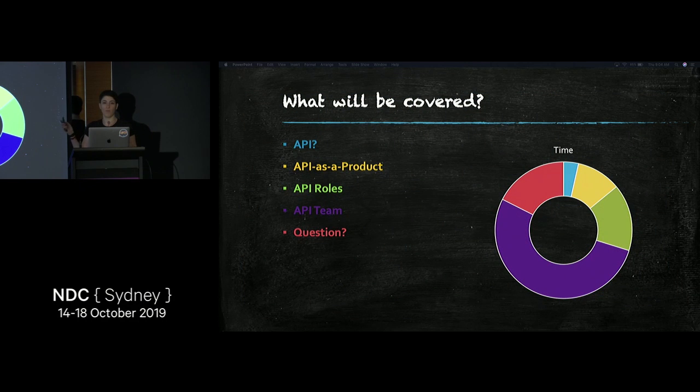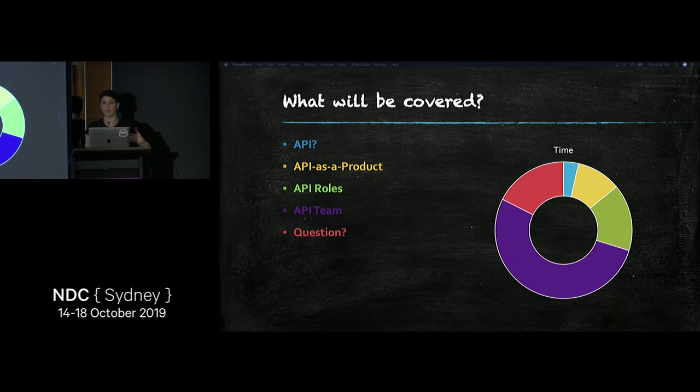So here I made a pie chart to show what we're going to cover, because I have a lot of content and I don't want you to get lost. We're going to talk about APIs to get to a common definition. Also, we'll talk about API as a product and the roles.